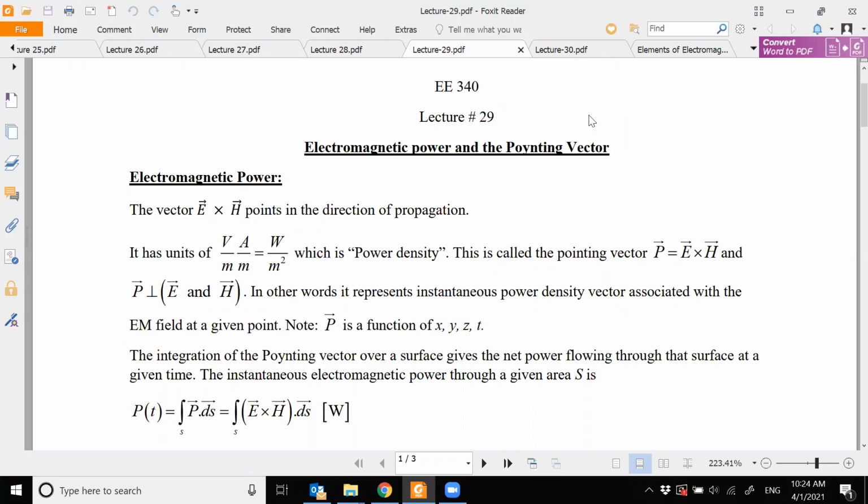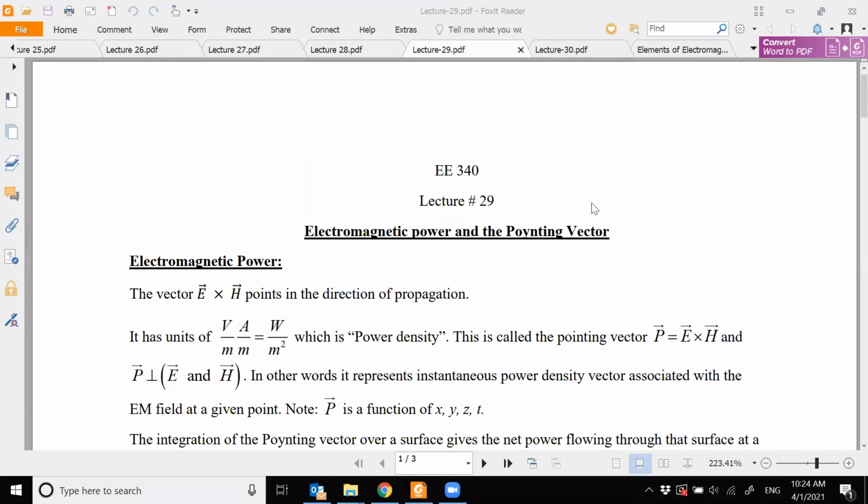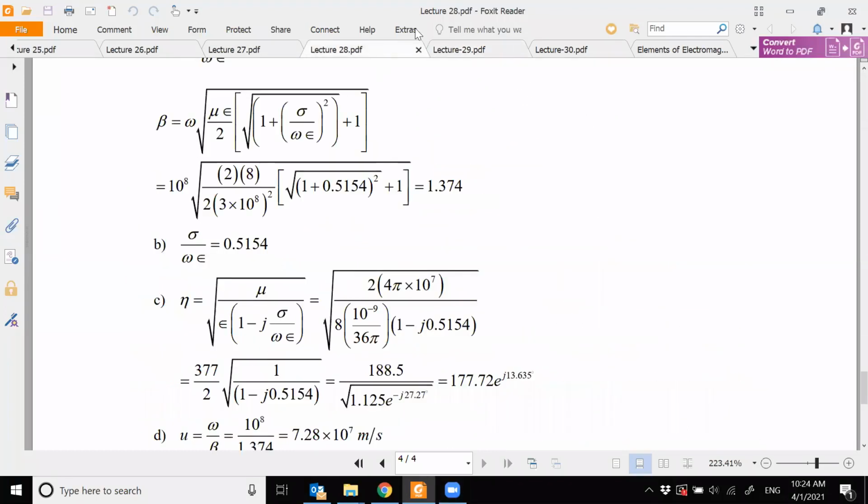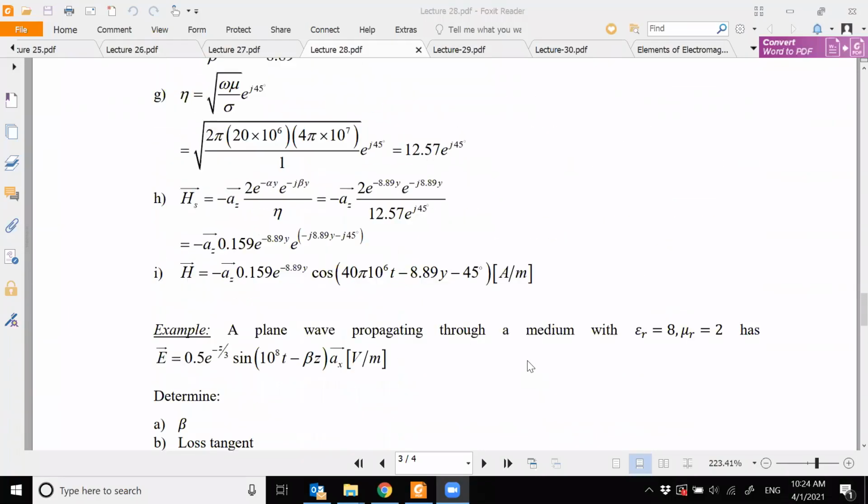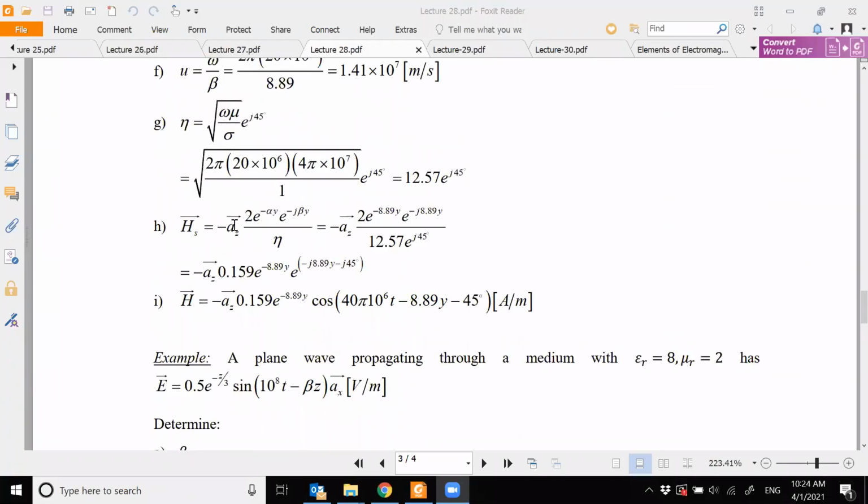Yes, you tell me. I think the impedance. Yes, you're right. It is the impedance. Just now we did this example, right? See here, the amplitude of the electric field divided by eta will give me the amplitude of the magnetic field.